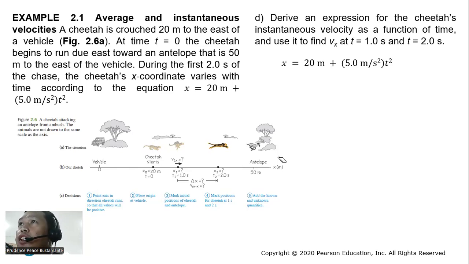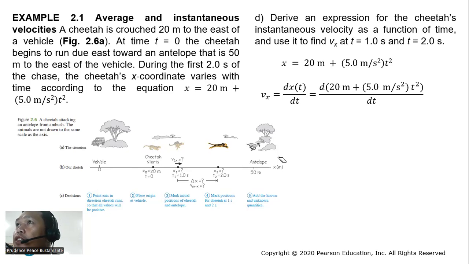The instantaneous velocity is just the derivative of the position function. So here the derivative of this function is 20 meters plus over dt. If we distribute this, this will be the first derivative of the first equation and the derivative of the second equation.